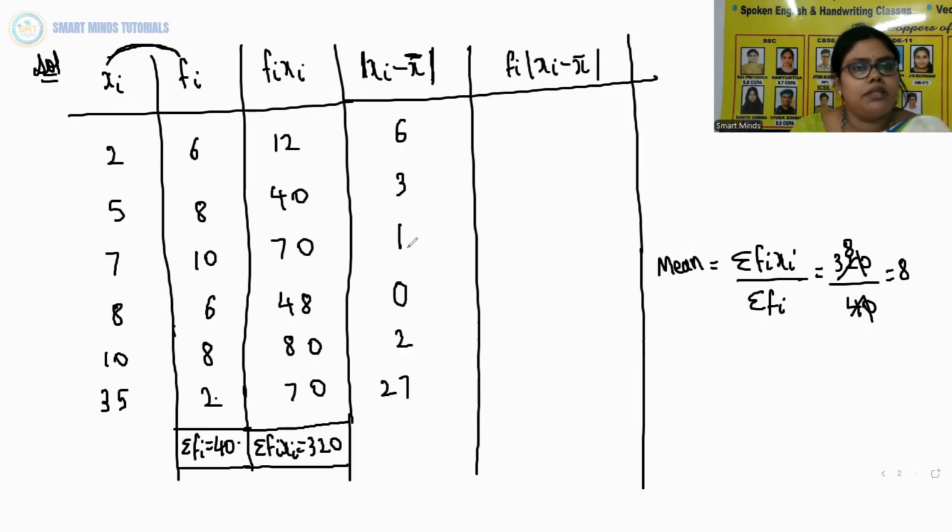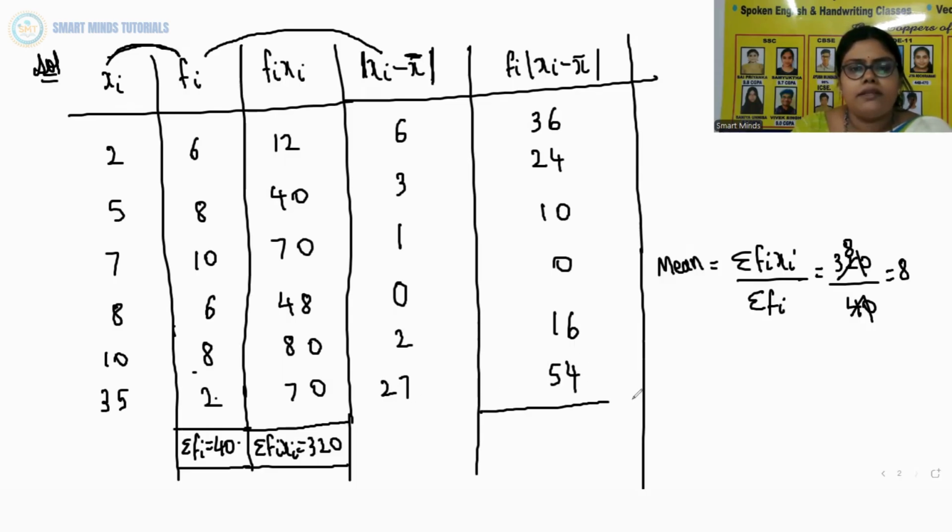Now after doing this column, multiply fi with mod xi minus x bar. Second column and fourth column you need to multiply. So 6 into 6 is 36. 8 into 3 is 24. 10 into 1 is 10. 6 into 0 is 0. 8 into 2 is 16. 2 into 27 is 54.